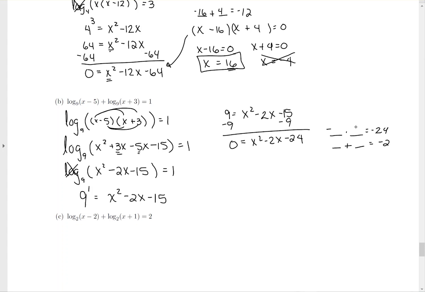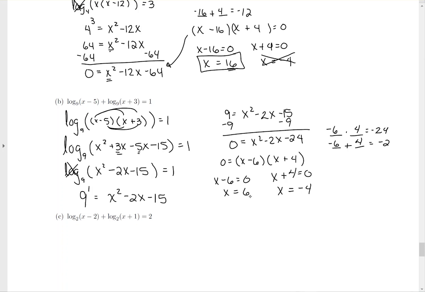So I'm thinking a negative 6 times 4 and a negative 6 plus 4. So minus 6 plus 4. Set each of those factors equal to 0. Solve for x. And we get x equals negative 4 or x equals 6.